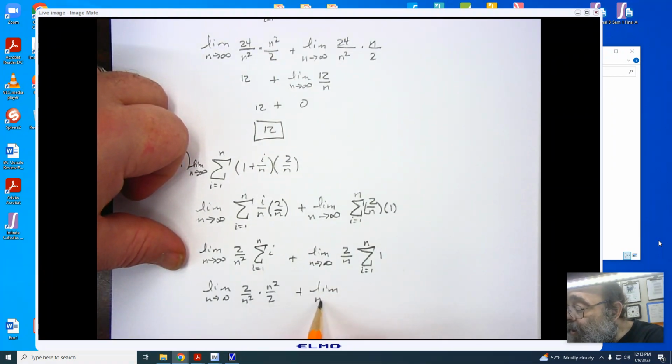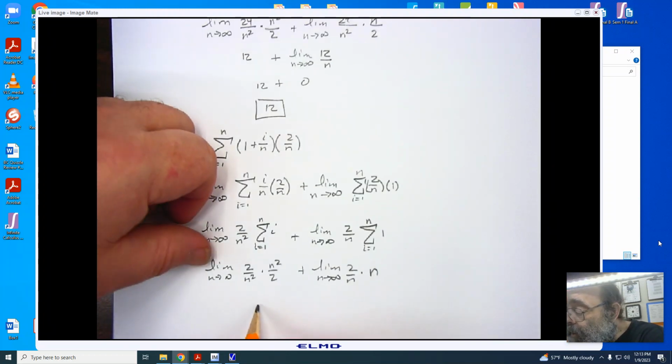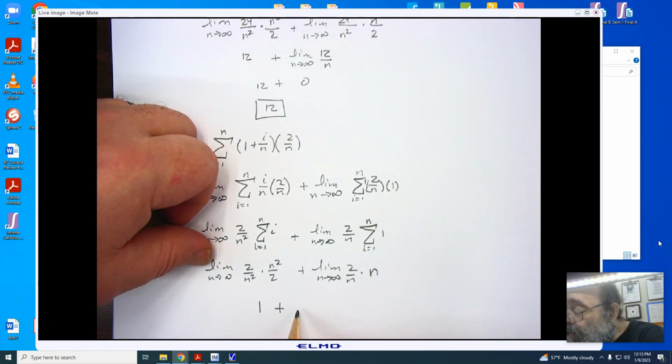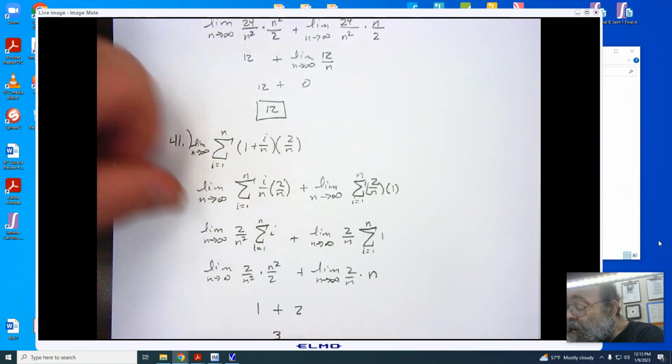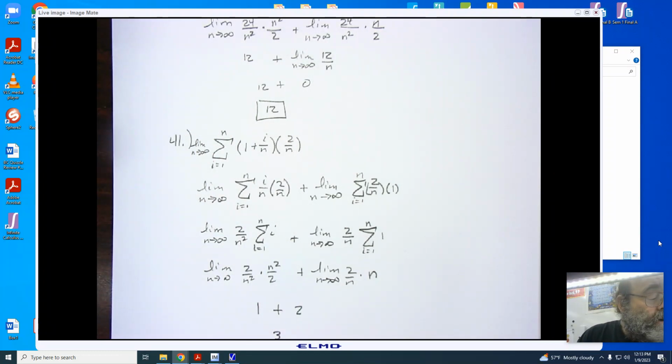Limit as n is approaching infinity for 2 over n times, and now I just have n. I'm looking at 1 plus, and I end up with a 2 here. So I have 1 plus 2, and my answer for number 41 turns out to be 3. My answer is 3.